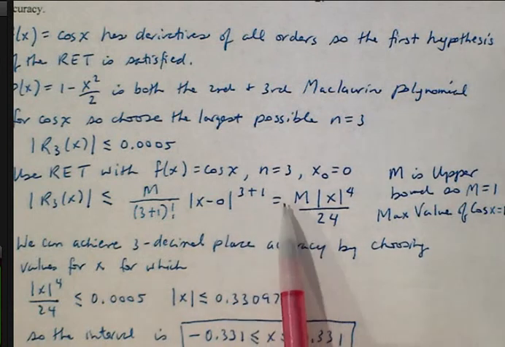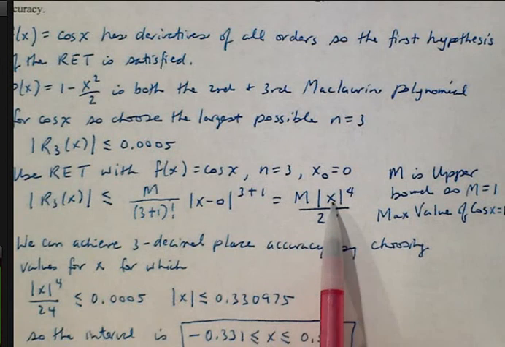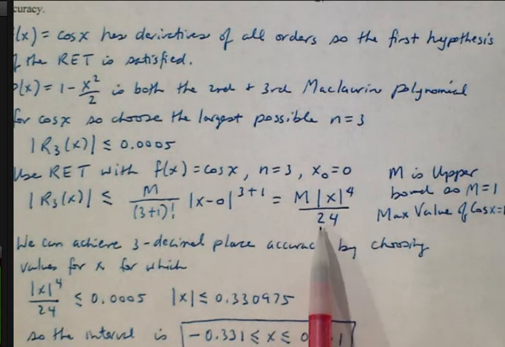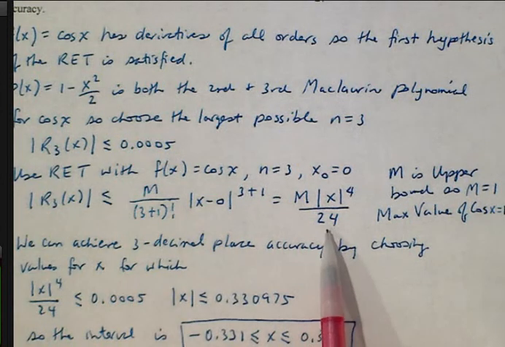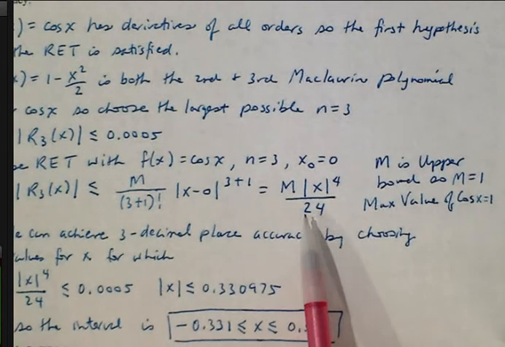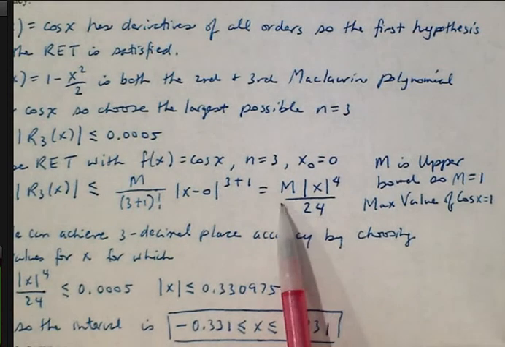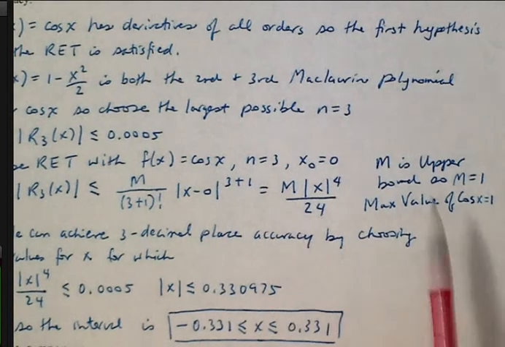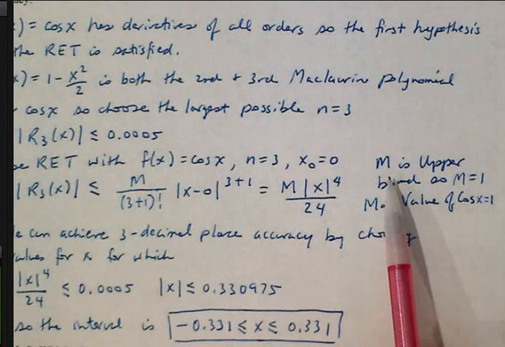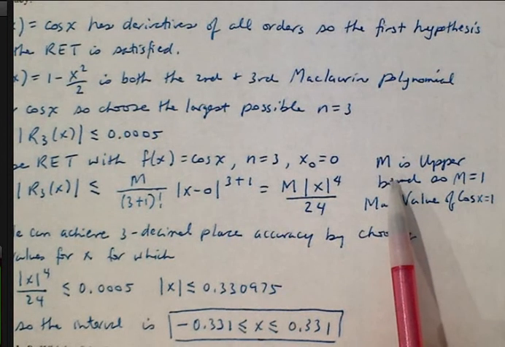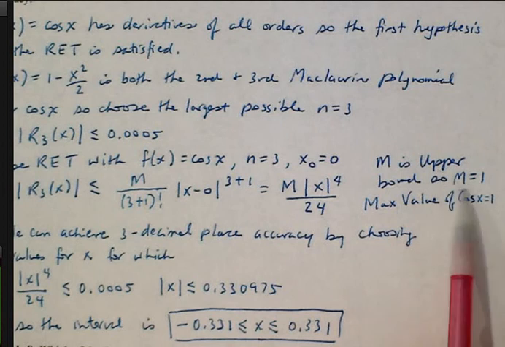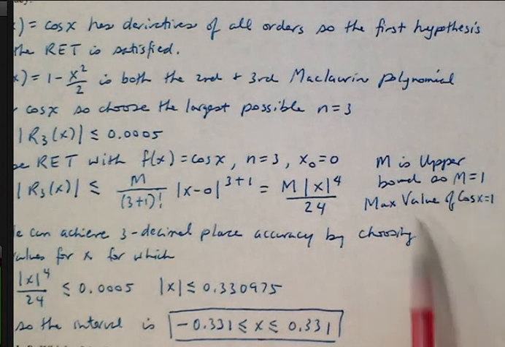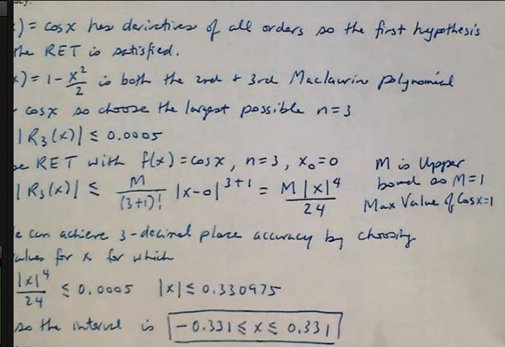That simplifies to capital M times x to the fourth over 24, because this becomes 4 factorial, and 4 factorial is 24. Now I need to choose a value for M. Since we're dealing with cosine, I know it ranges from negative 1 to 1. Capital M is the upper bound, so M equals 1, since the maximum value of cosine is 1.